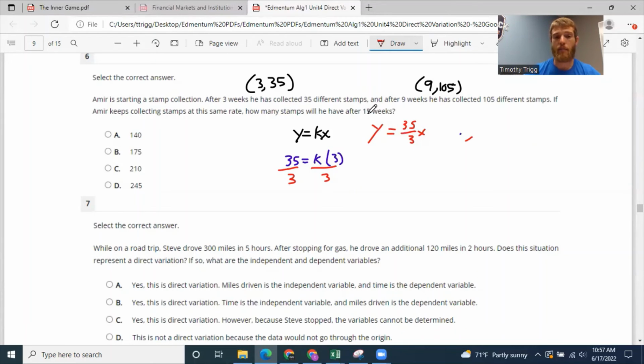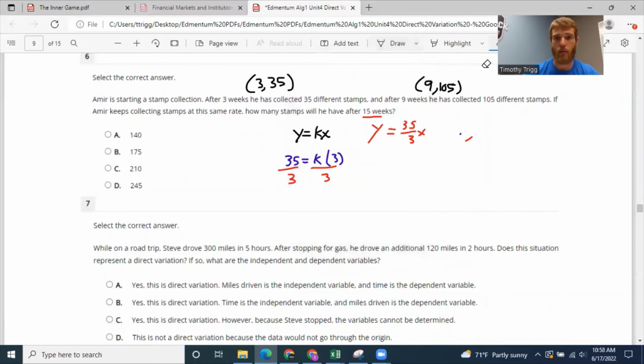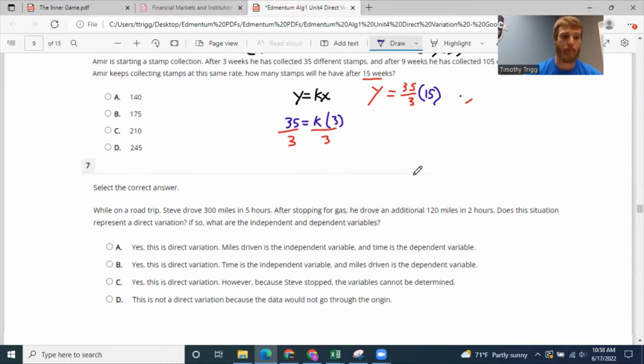Now, how much will you have after 15 weeks? So what you're going to do is replace x with 15 to help us solve for y in this case. So I'm going to replace the x with 15 and solve for y. Now remember, how do you multiply a whole number times a fraction? You multiply the whole number times the top and then divide by the bottom.